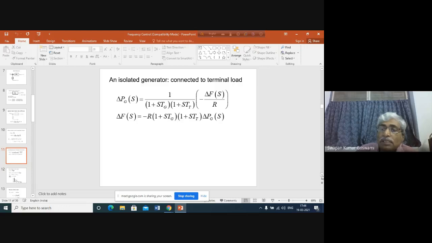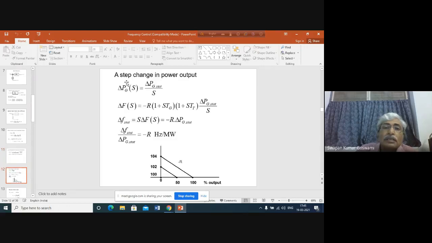Now, let us again try to understand. Say we have given a step change in power output because you will be connecting some load, and say that load is basically a physical load. Some load was connected by the application of a switch. A switch was previously open, now we have closed the switch. For simplification, say that load was equal to the full load capacity of the generator. That means initially the generator was supplying no load, output was 0.